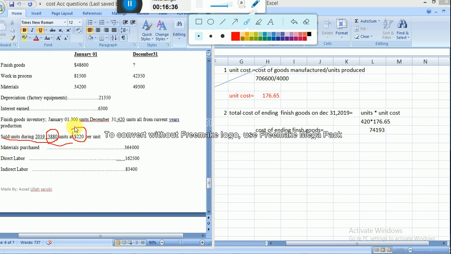From this we can easily calculate the sales.